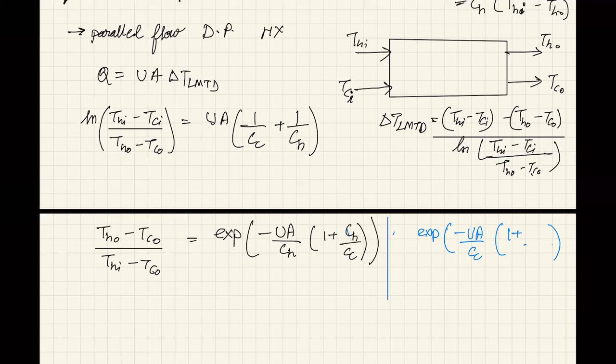Then this becomes 1 by CH plus 1 by CC, and this has to be CC by CH over here. So there are both ways of rearranging.